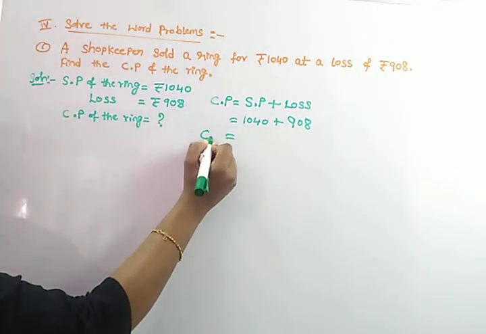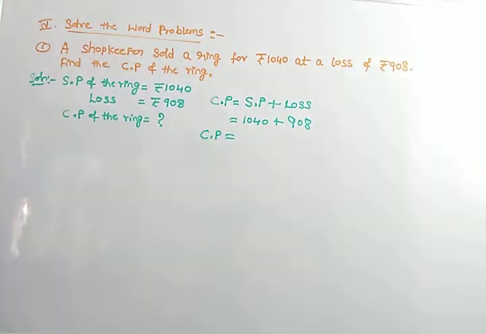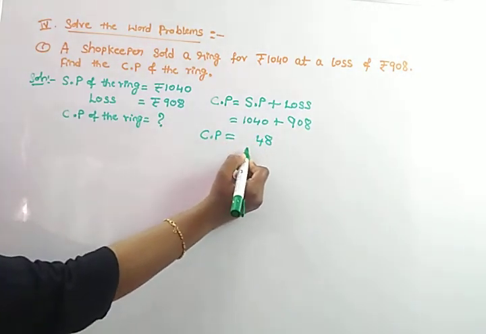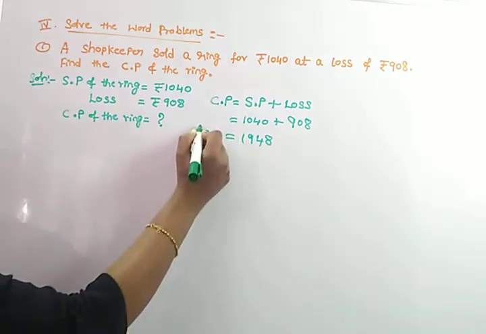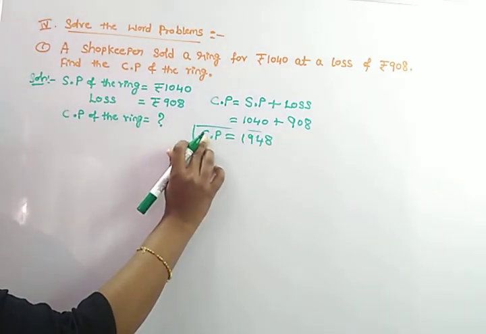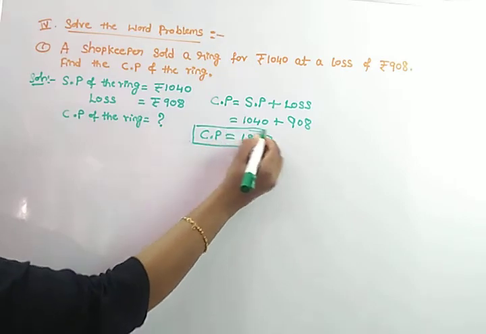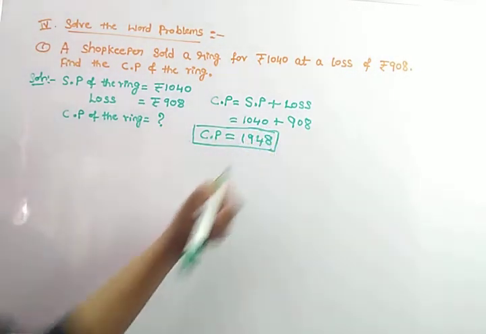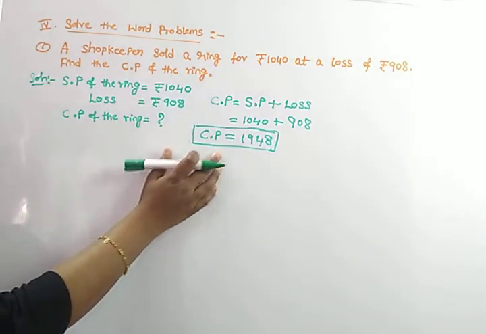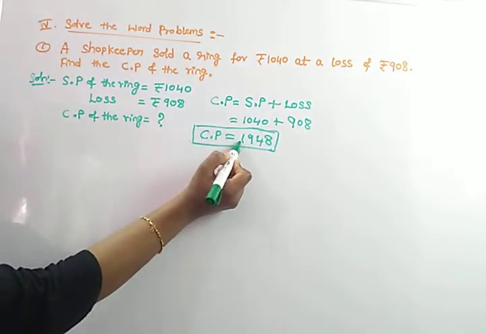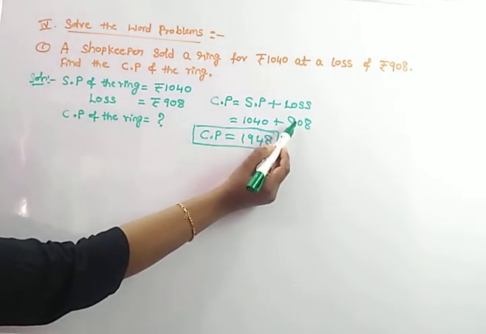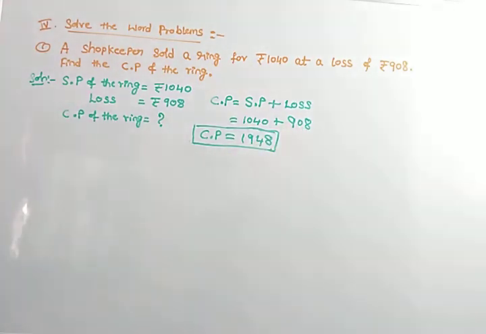So add now. CP is equal to 1948 rupees. This is the cost price. Then the selling price is 1040. The cost price is more, the selling price is less, so the shopkeeper suffers a loss. That is, the loss is 908 rupees.